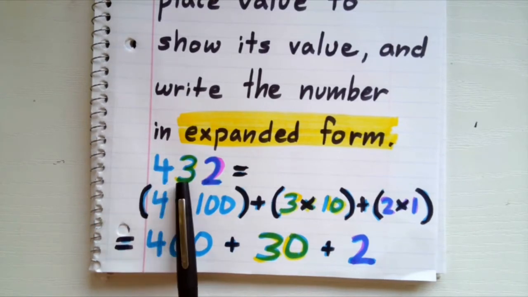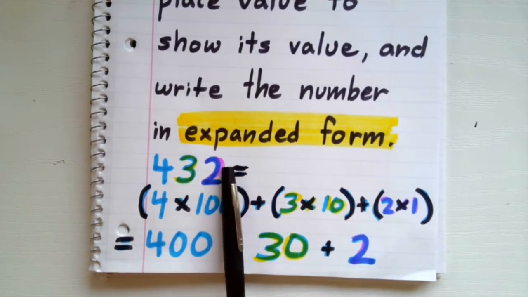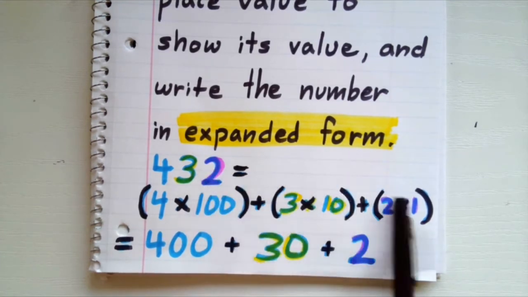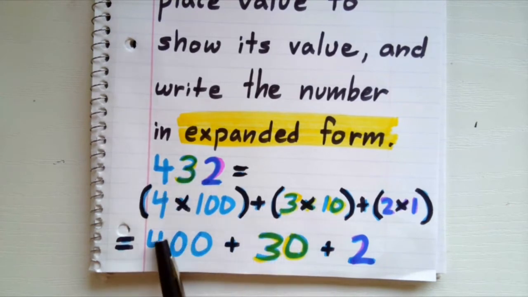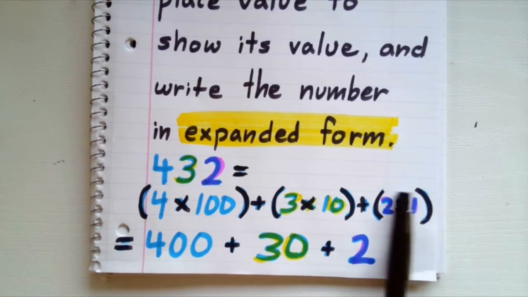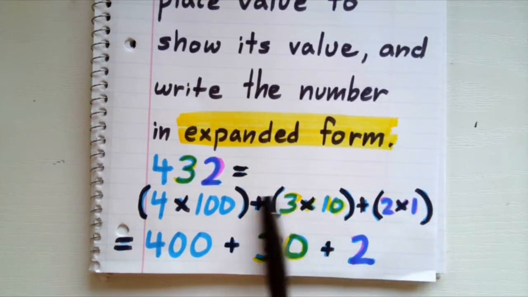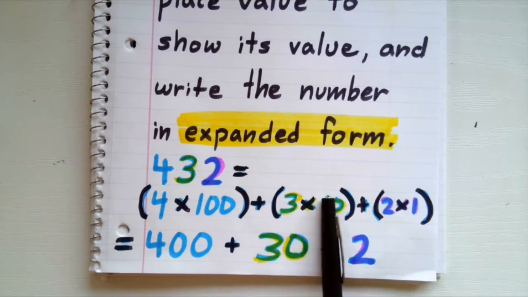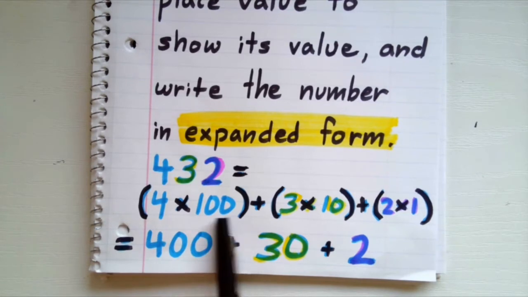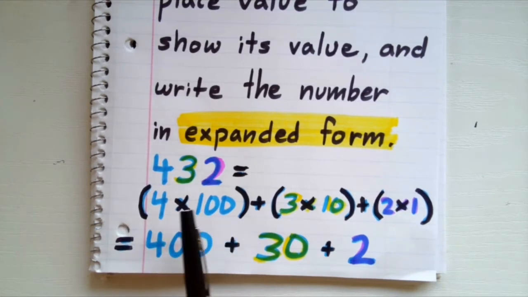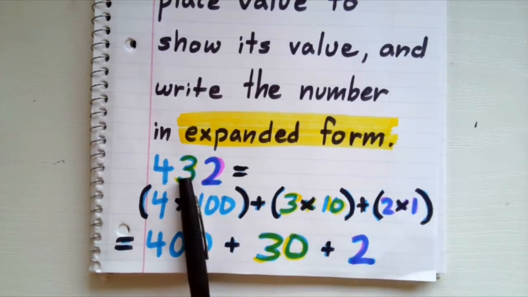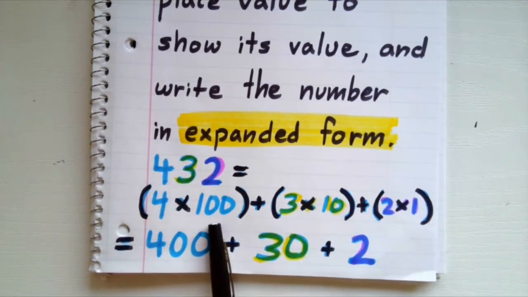The number 432 has been broken up into pieces. Each of these digits has gotten its own place. This 2 is being multiplied by 1. This 3 is being multiplied by 10. This 4 is being multiplied by 100. Why do you think the 2 is counting ones, the 3 is counting tens, and the 4 is counting hundreds?